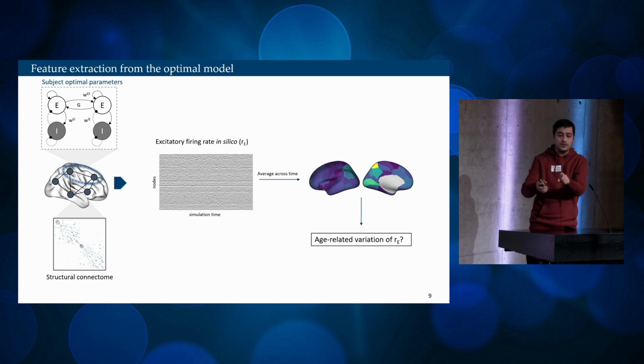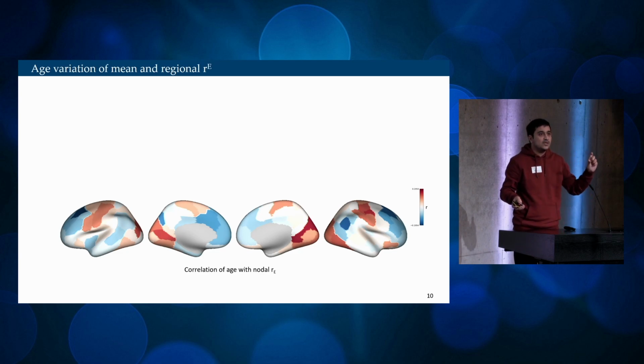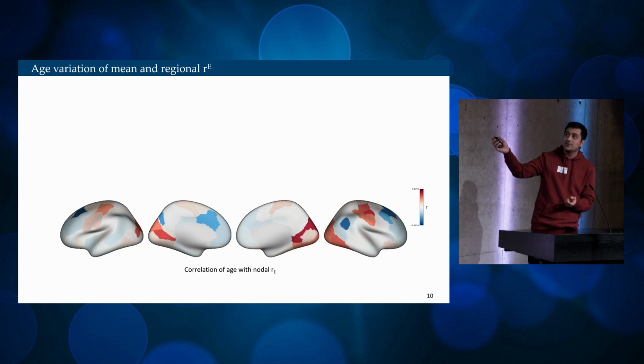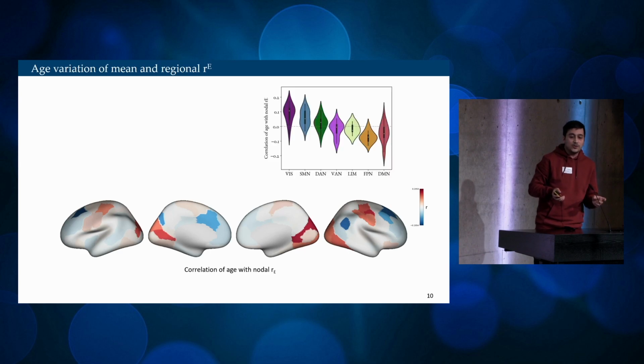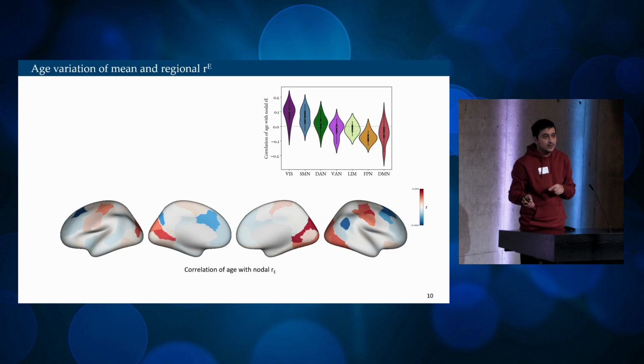Therefore, we have one of these maps for each of our 627 subjects. And then let's look at this age variation, and we can see this interesting pattern. We can see decreases in association areas and increases in somatomotor and visual areas. And these are the significant ones after FDR correction and everything. One other way to look at this distribution, you can see age effects by the different Yeo networks.